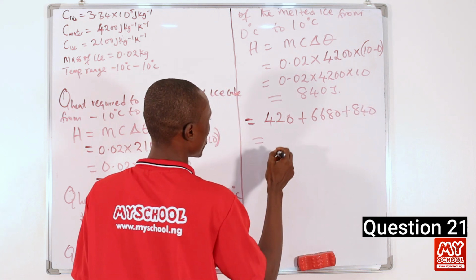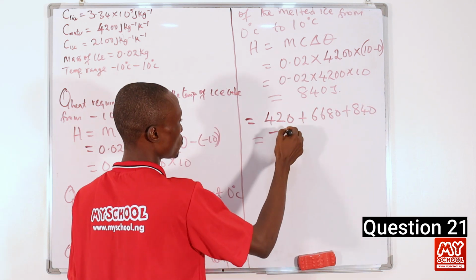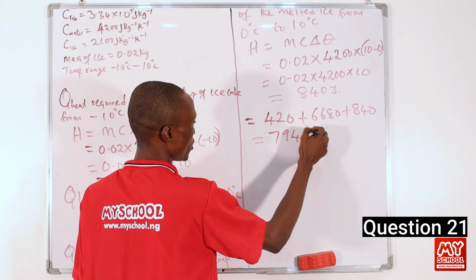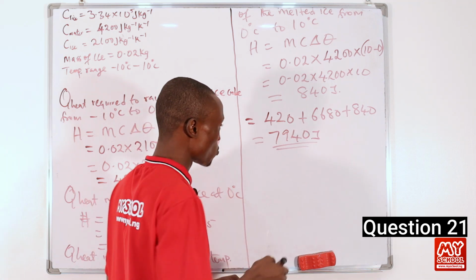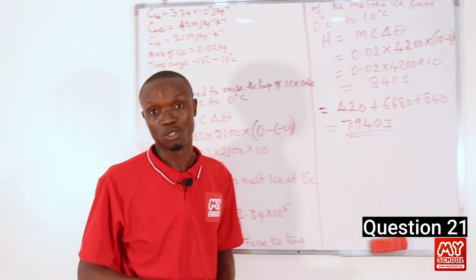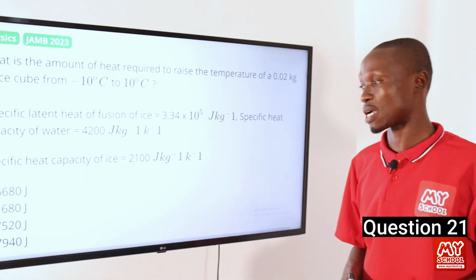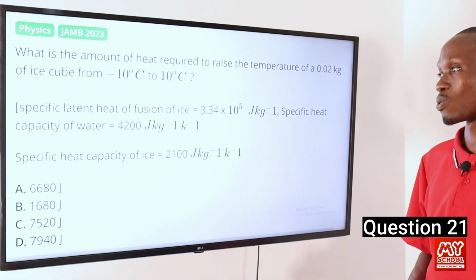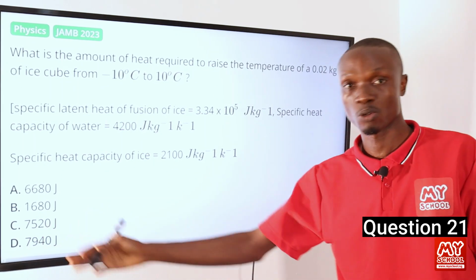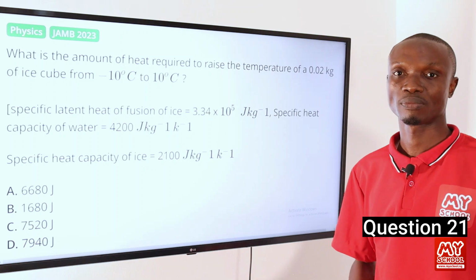If we add this together, that will give us 7,940 joules. So let's move over to the screen to pick the correct option. From our calculation, we got 7,940 joules, and that makes option D the correct answer.